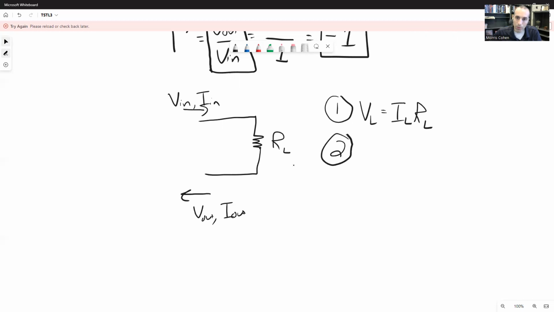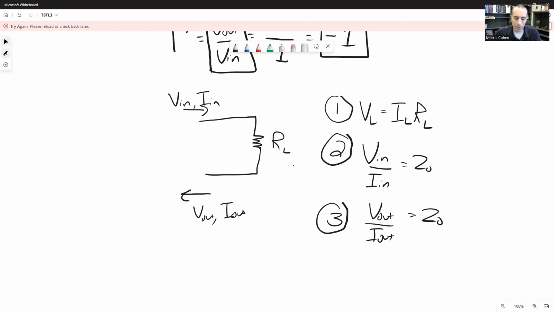What else has to be true? We also know that the ratio of V in to I in must be equal to the transmission line impedance. And we know that the same is true for the reflected wave, that V out divided by I out equals Z0. Now the derivation is in the notes.